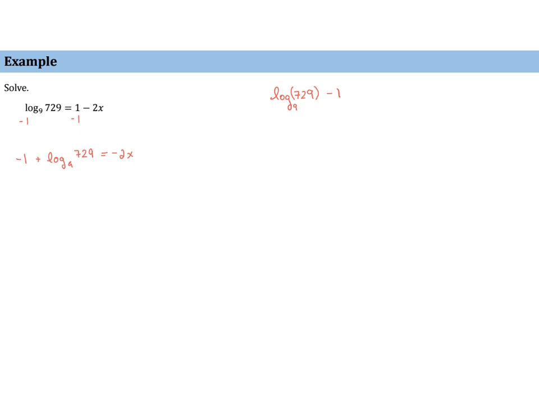You take the log of that and then subtract 1. Now let's divide by negative 2. This is 1/2 minus 1/2 of log base 9 of 729 equals x. The main thing to remember here is that the 1/2, I'm not dividing 729 by 2. I'm taking the whole log and dividing by 2.